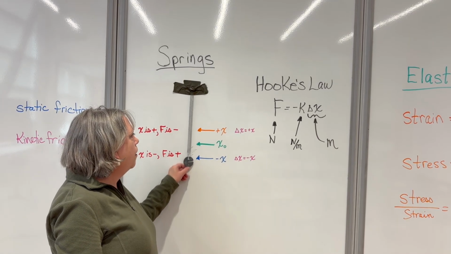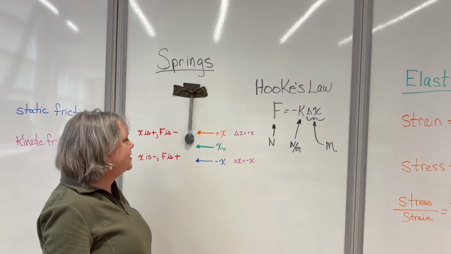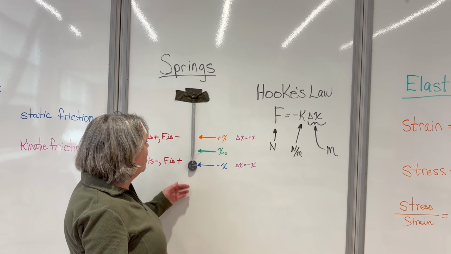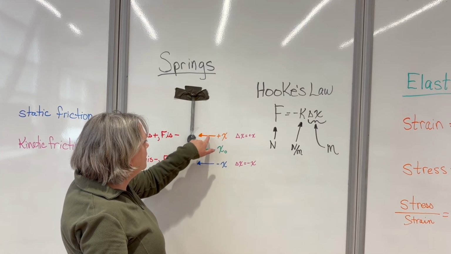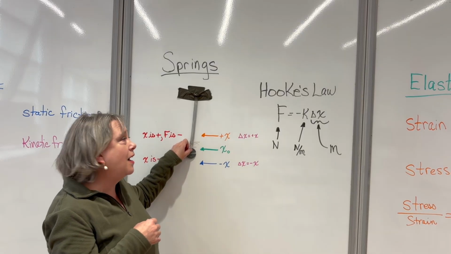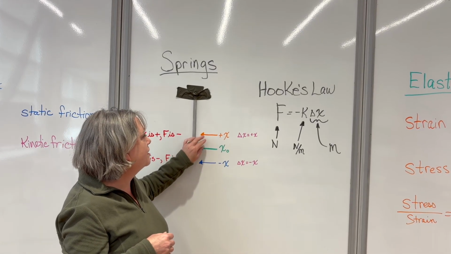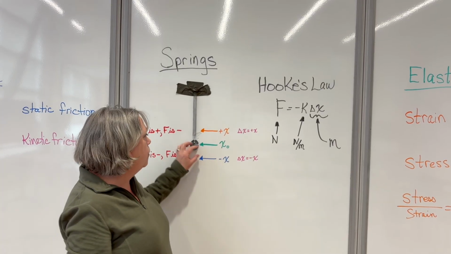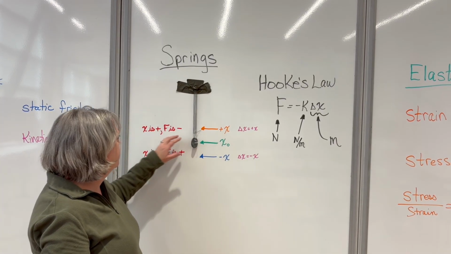I'm going to let it go, and we see its oscillation. It goes up to this spot, which if my origin is here, is a positive x. So my delta x, final minus initial, gives me a positive displacement when it's up here.